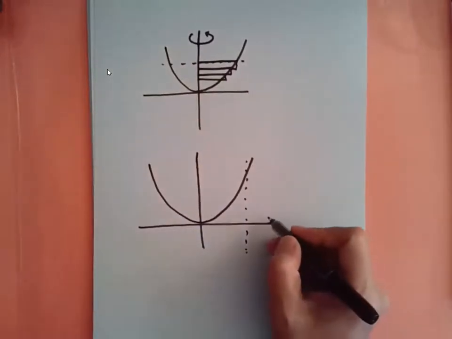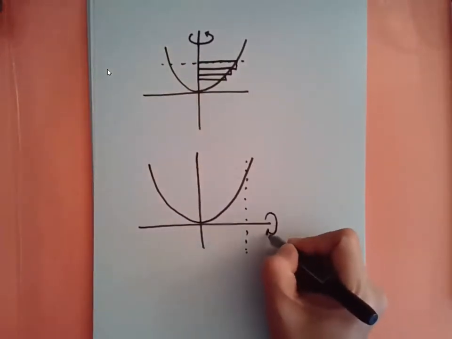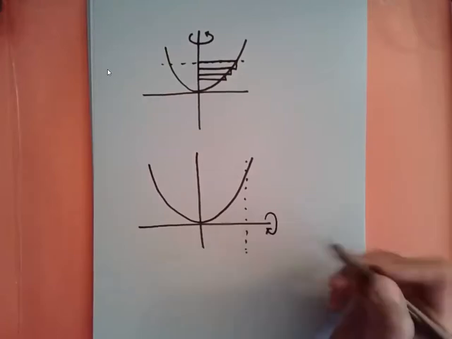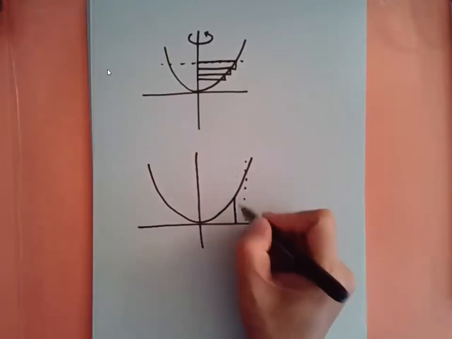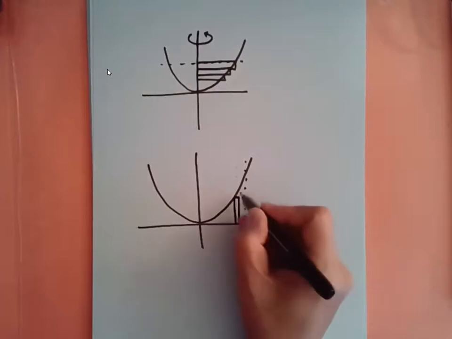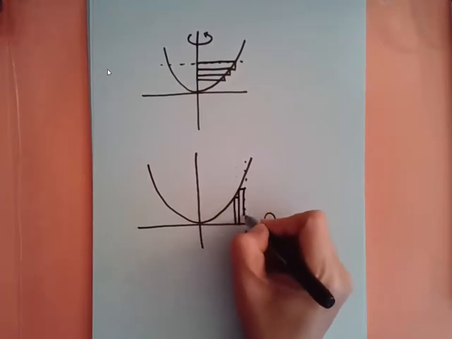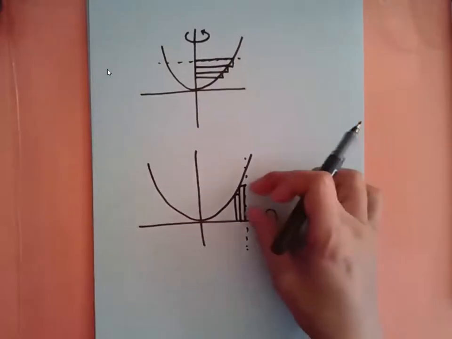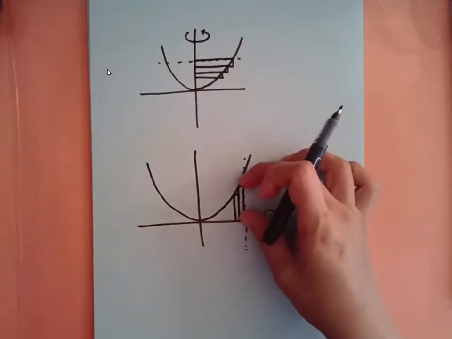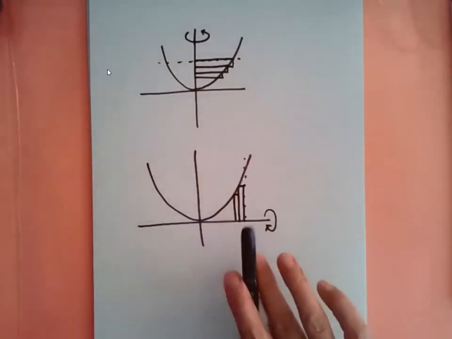If we turn around the x-axis, then this is the rotational axis, and we drew the stick which is perpendicular to this rotational axis. So this will be turned this way, right?